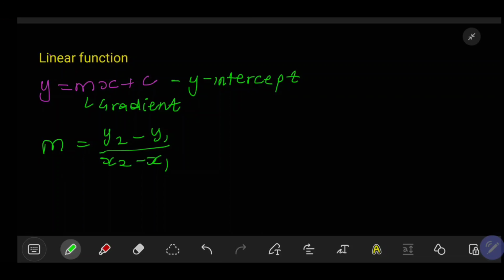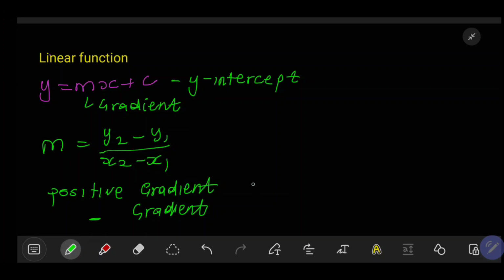When we calculate the gradient, sometimes we get a positive answer, sometimes we get a negative answer. If you get a positive answer, this is a positive gradient. On the graph, to see a positive gradient, you observe from the left of your paper towards the right.